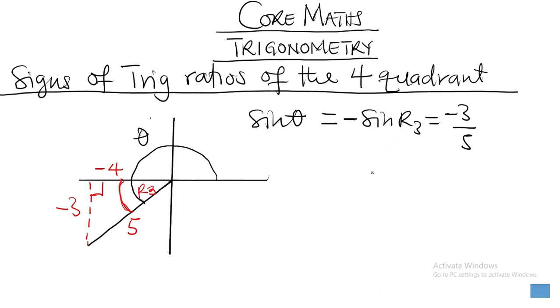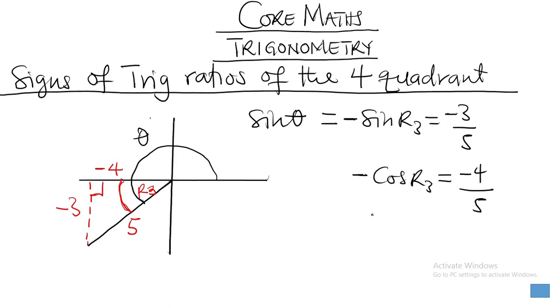Good. So now let's look at cos. So cos R3, we know cos is adjacent over hypotenuse. Now the adjacent is negative 4, the hypotenuse is 5. So here also cos R3 should be a positive value, but we are getting negative 4 on 5. So it means that the cos R3 is negated.